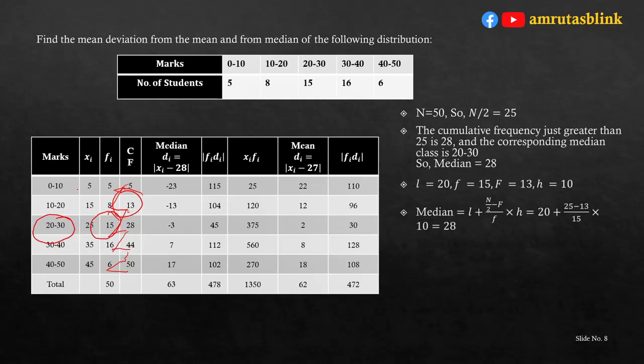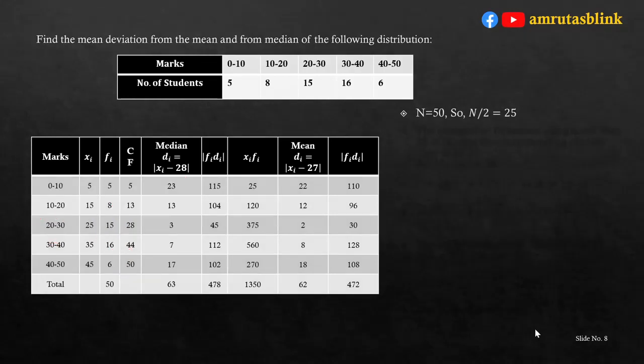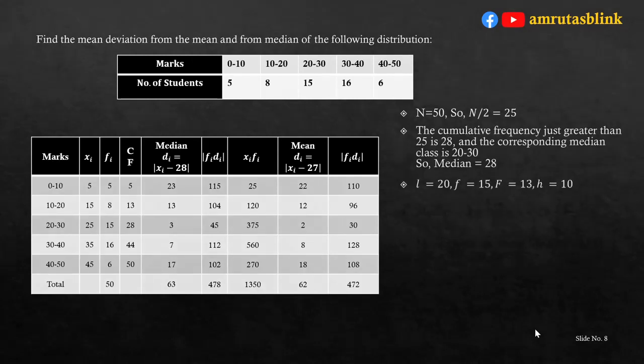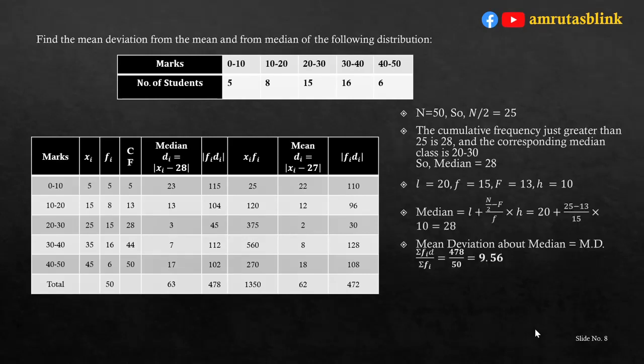So 28 minus 5 is equal to 23, then 28 minus 15 is equal to 13, then 28 minus 25 is equal to 3, then 35 minus 28 is equal to 7, and 45 minus 28 is equal to 17.